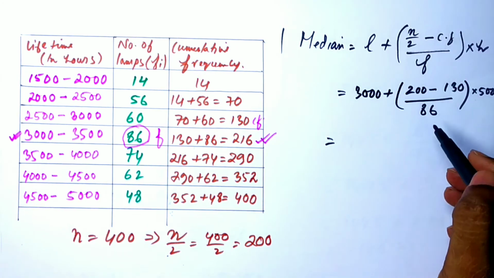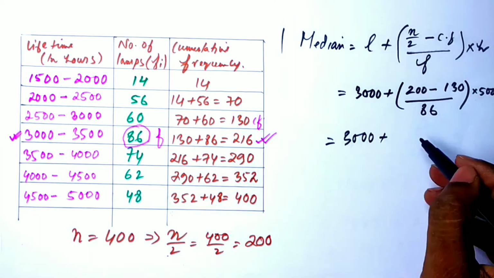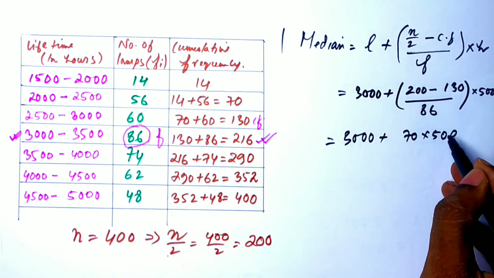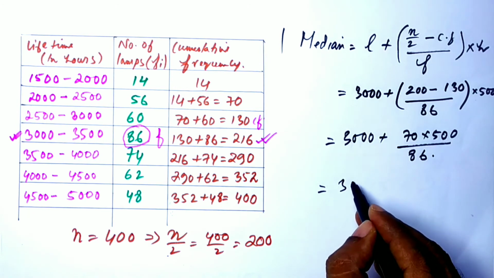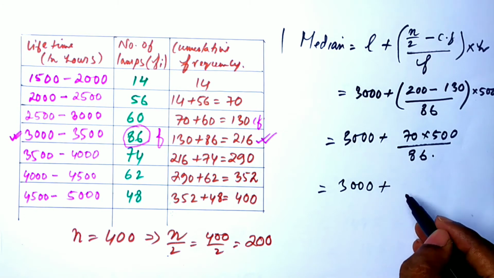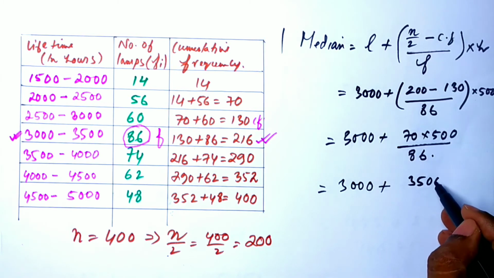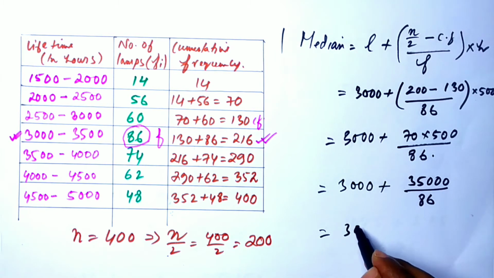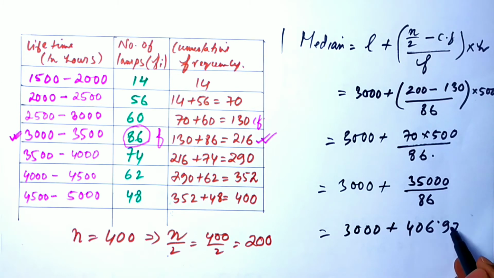So we substitute the values, and after calculation we have 70 into 500 divided by 86. So this will be equal to 3000 plus 7 fives are 35, divided by 86. If we divide it, we will get 406.976.